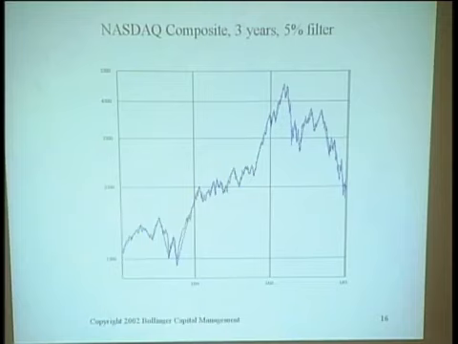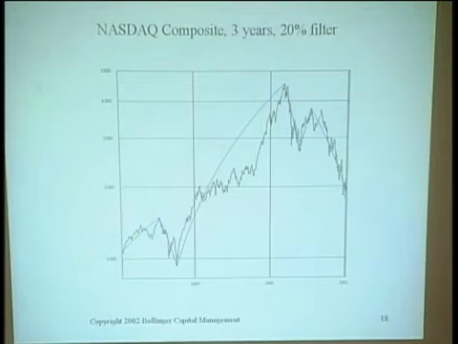So here's the 5% filter, 10% filter, 20% filter. Look what happened. Look at the central portion. It's now 1, 2, 3, 4, 5, 6, 7 swings. Go from 10% to 20%, 7 down to 1.